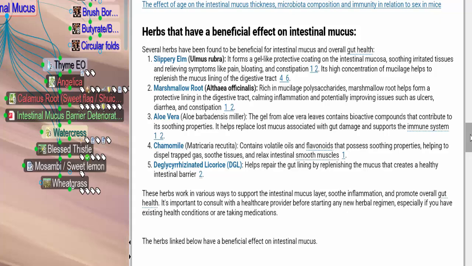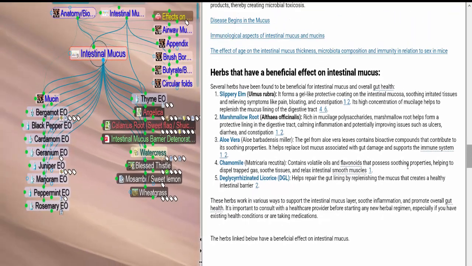These herbs work in various ways to support the intestinal mucus layer, soothe inflammation, and promote overall gut health. And then you can look again over here and see other herbs that assist. When you have time, you might take a look. In fact, we probably will in a future class at this section about intestinal mucus barrier deterioration.